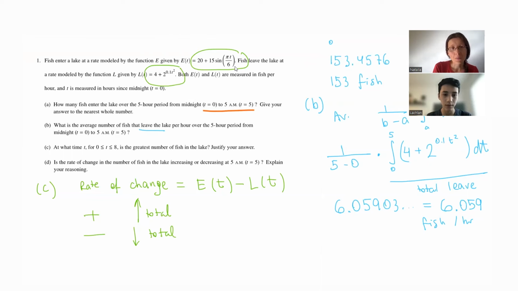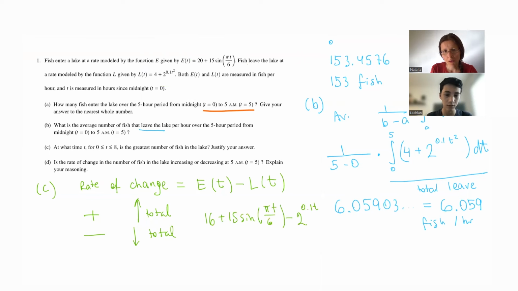So we would do it as the equation on the calculator. And the equation would be 20 minus 4, 16 plus 15 sine pi t over 6 minus 2 to the power 0.1 t squared. We set it equal to 0.